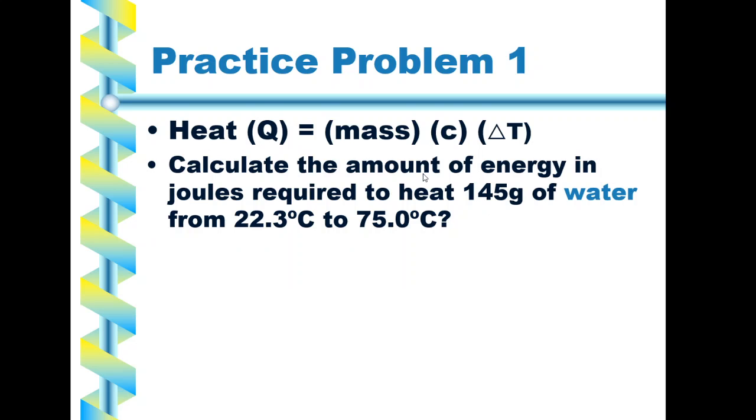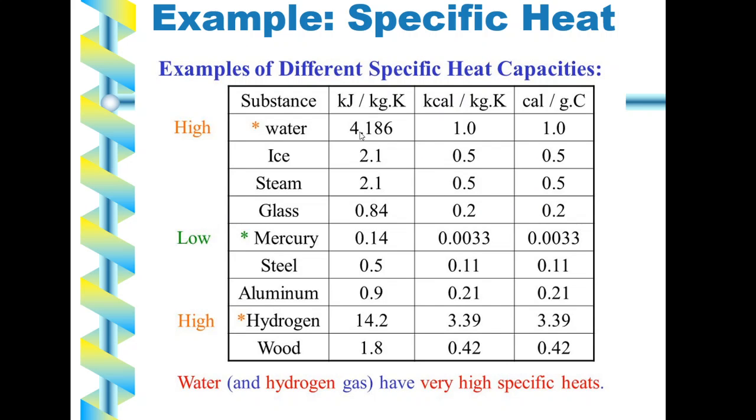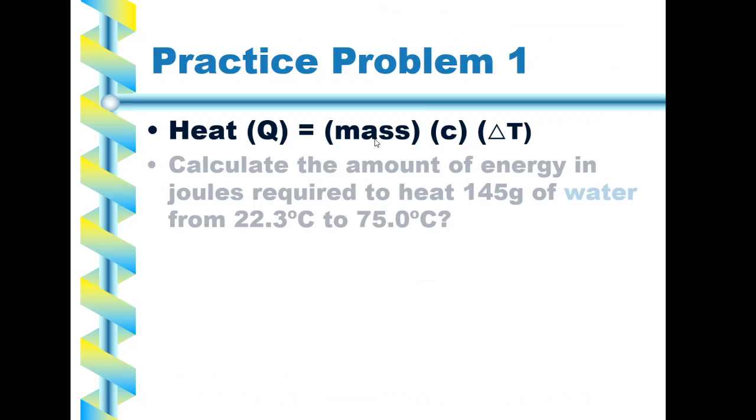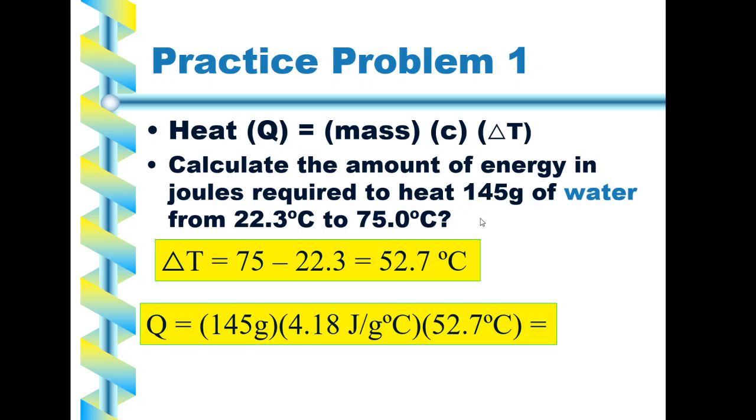So I will go back up to my table and find water. What's my specific heat of water? Well, you can see it's 4.186. You don't have to calculate that. That would be given to you in a table. So we plug everything in: 145 times 4.18 times 52.7.